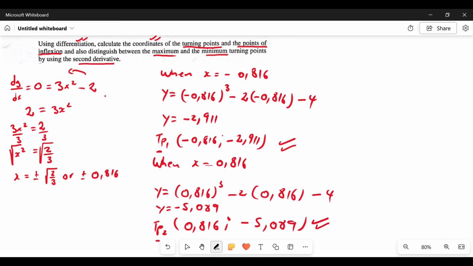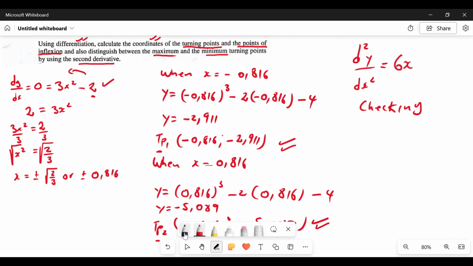As you can see, our first derivative is this one here. So when we derive this one for the second time, it's going to be d squared y over dx squared. Now when we derive, this is going to give us 6x. That's it, because this 2 here is going to be 0. It's a constant, right?